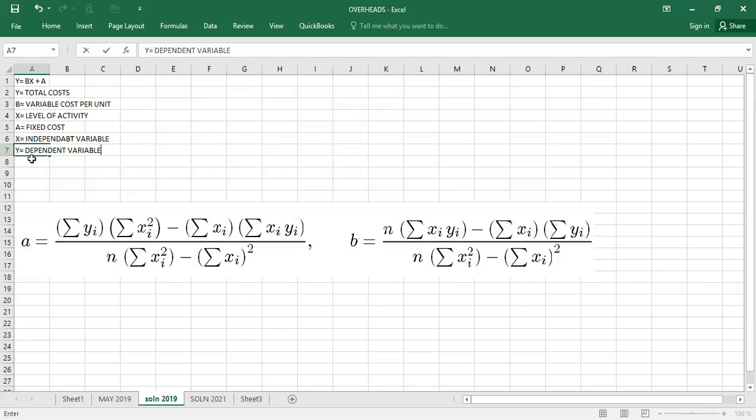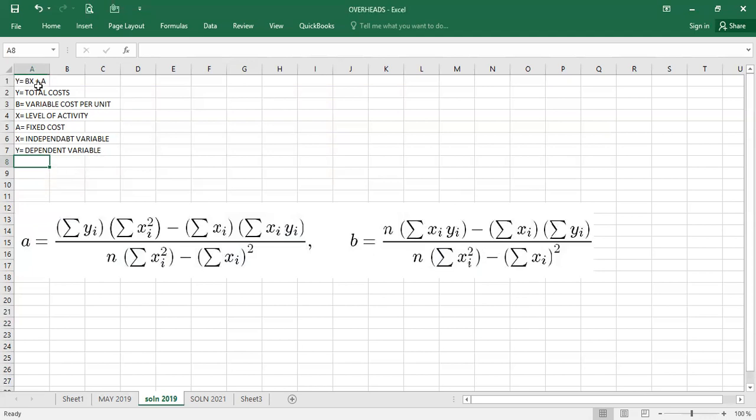Here we are trying to look at the relationship between X and Y. What we want to know is, when the level of activity is increasing, what will happen to the dependent variable? Is the dependent variable going to be constant or is it going to be changing?